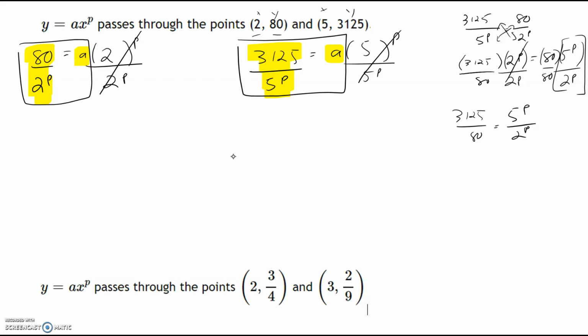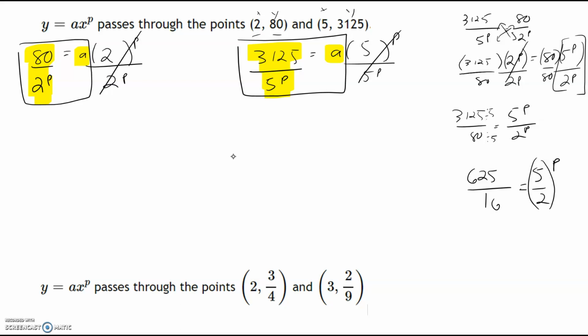So if I divide them both by 5, I get 625 over 16 equals 5 to the p over 2 to the p. But if you really want one p, 5 to the p over 2 to the p is the same thing as 5 halves to the p. Doesn't matter how you get your answer.